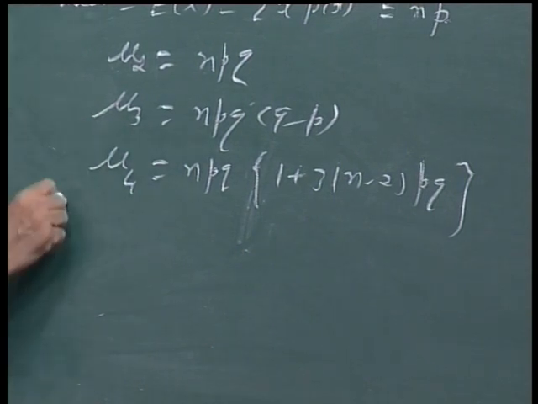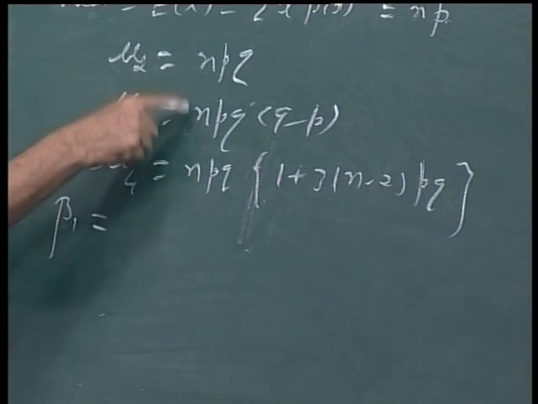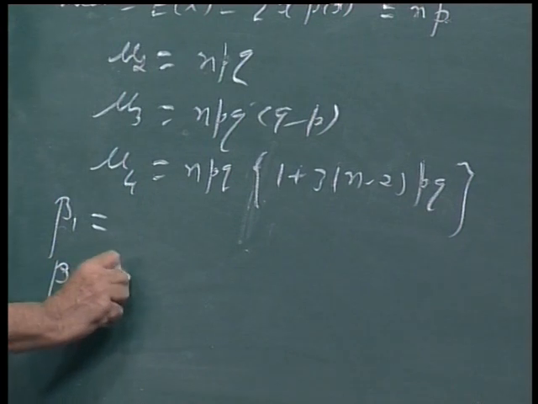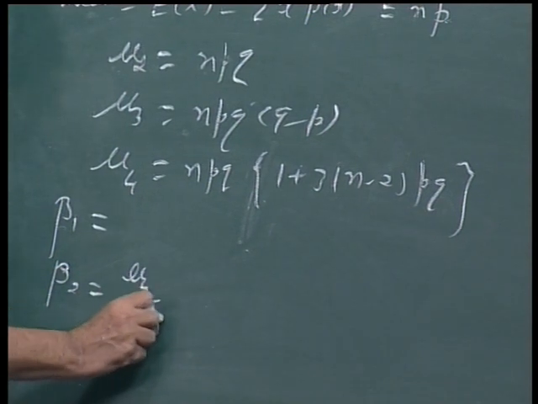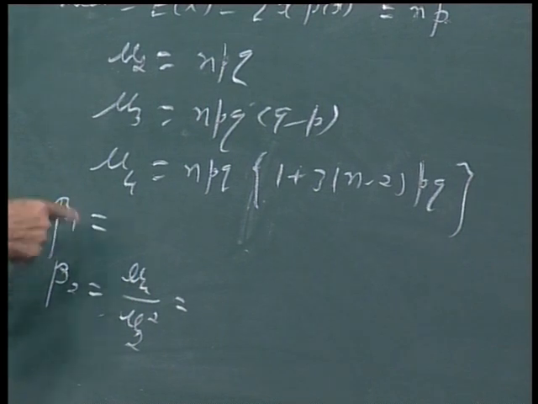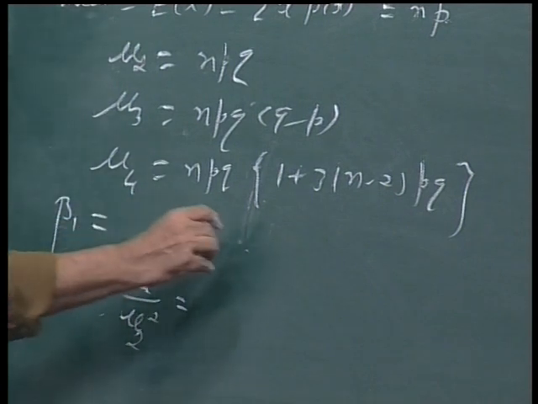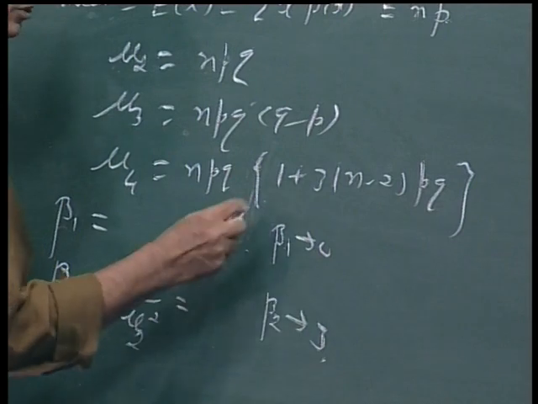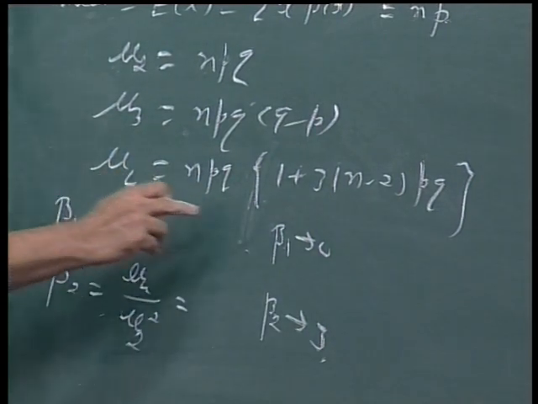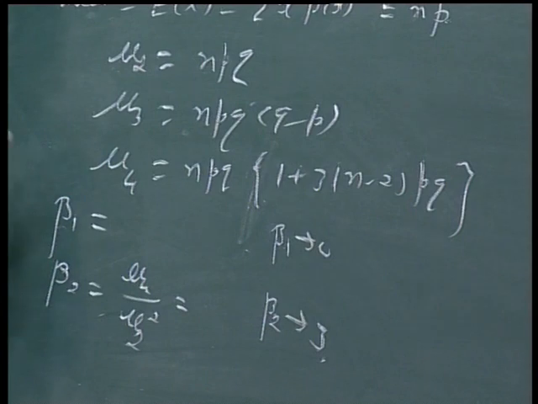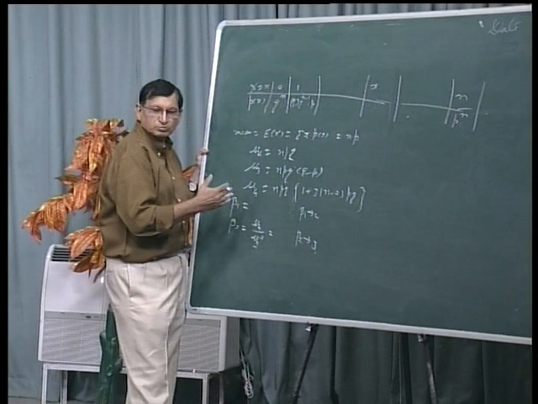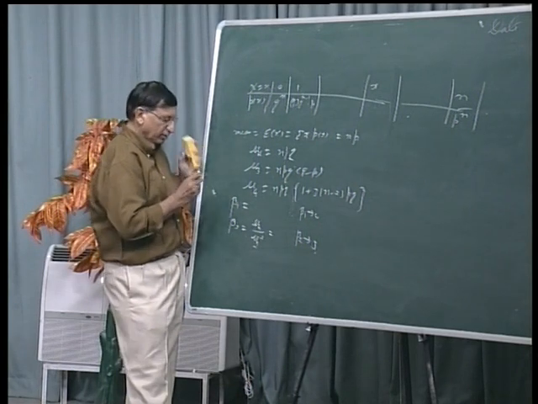From this we can find beta 1, mu3 square upon mu2 cube, then beta 2, mu4 upon mu2 square. If you find this value, and here if you take n tends to infinity, then you can easily check that beta 1 tends to 0, beta 2 tends to 3, which is the case of normal distribution, which we are going to take afterwards. So actually binomial distribution generally tends to normal distribution for large value of n, remember.